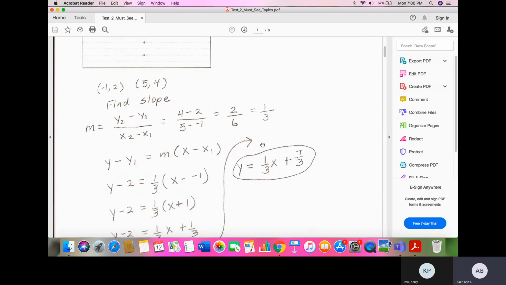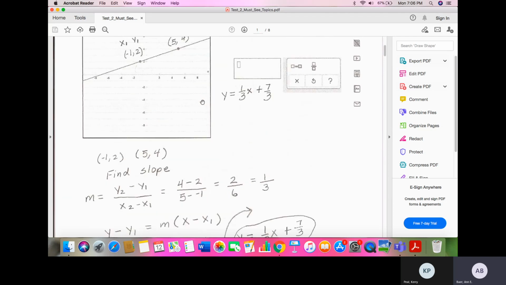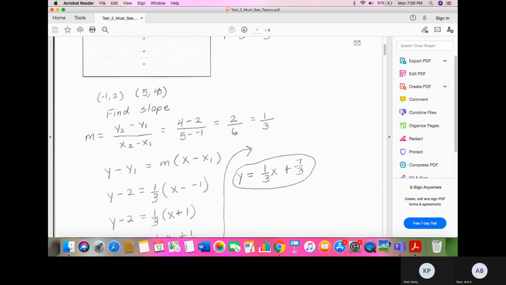For this problem, I prefer to use point slope form of the equation of a line instead of slope intercept form, because we know not only what our slope is, but we also know what y1 and x1 are. We can go back up to our graph to see what y1 and x1 are.